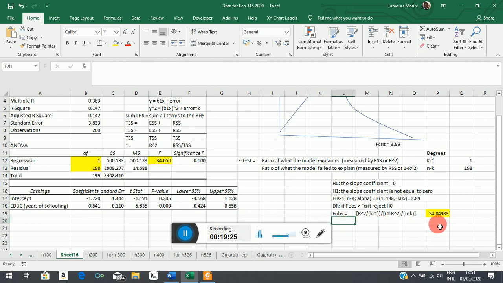Now before I do the next thing, let me show you an alternative method.